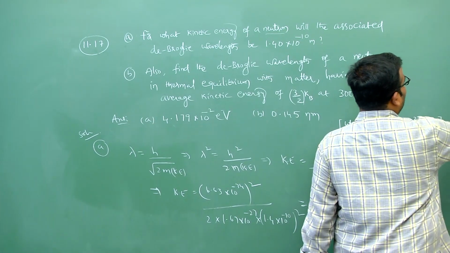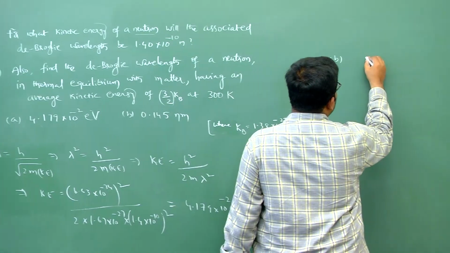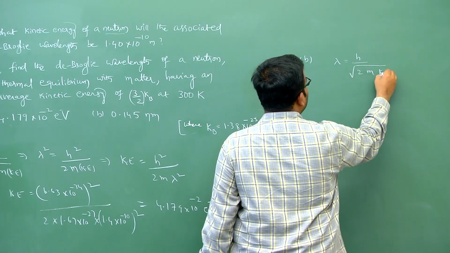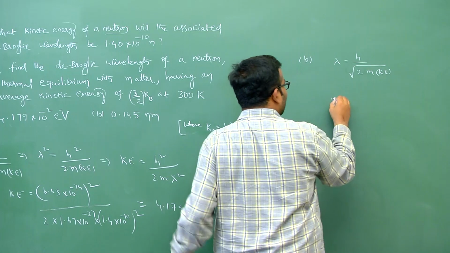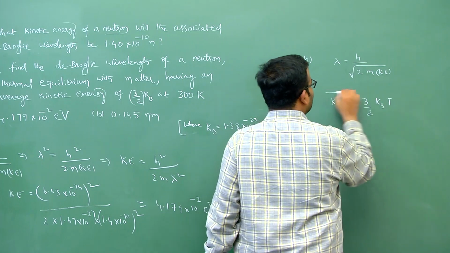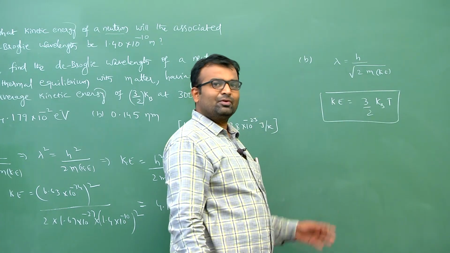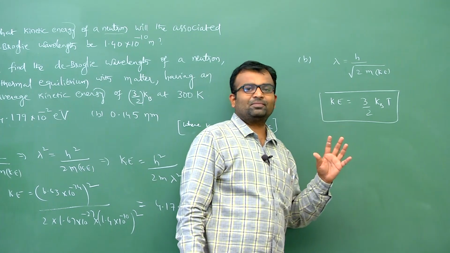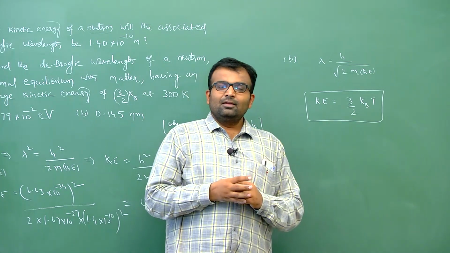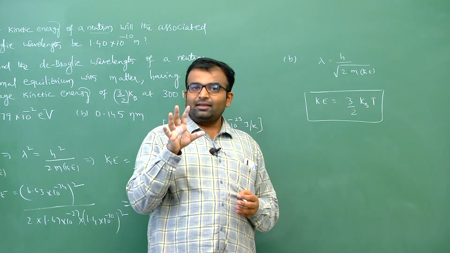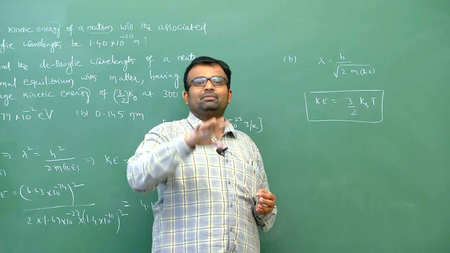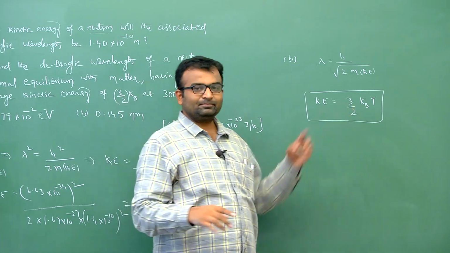So we can go for the question B answer here. As we know, lambda is equal to h by square root of 2m kinetic energy. As per this data, kinetic energy we need to write as 3 by 2 kBT. Remember, this is very important. You can even make it a standard piece of information: if in a given room temperature of capital T Kelvin, any gas molecules have some kinetic energy, then the kinetic energy of those gas molecules can be written as 3 by 2 kBT.